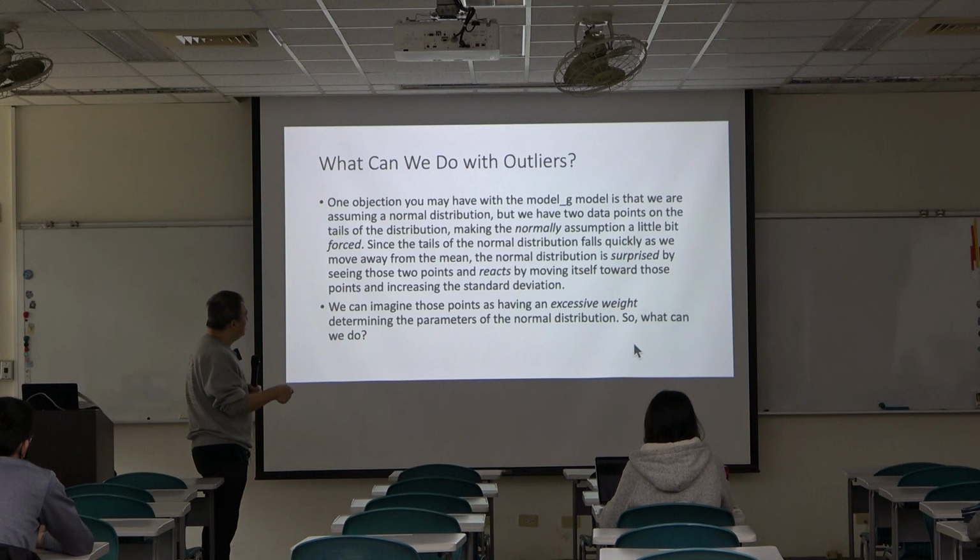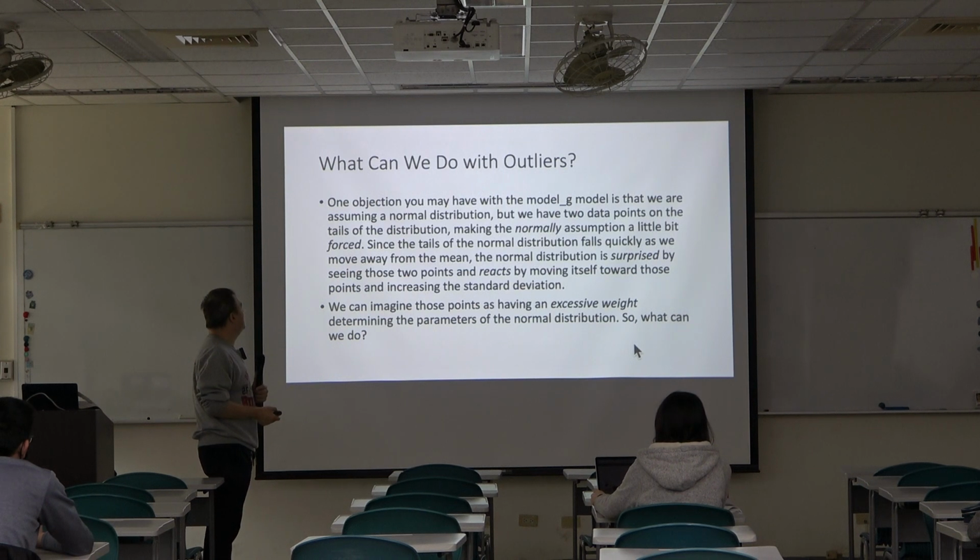One objection you may have is that with this model we assume a normal distribution, a Gaussian distribution model, but we have these two data points, and they obviously do not look like Gaussian at all, right?